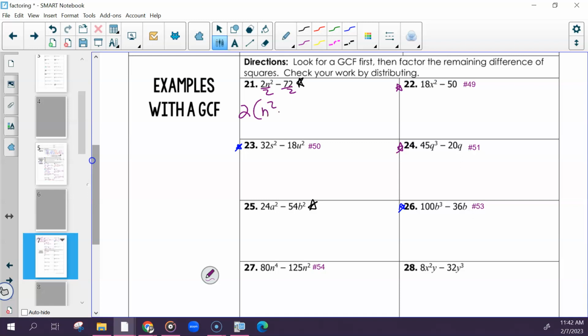N squared minus 36. Then inside, can we use GCF again? Do they have anything in common? No. What about, are they both perfect squares?